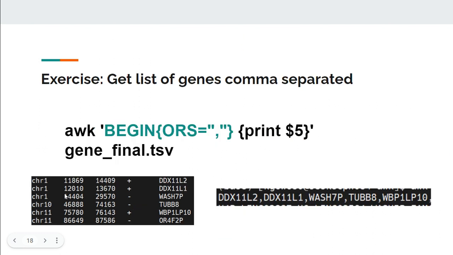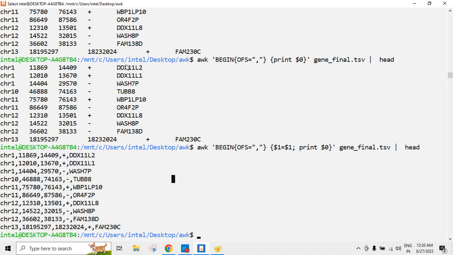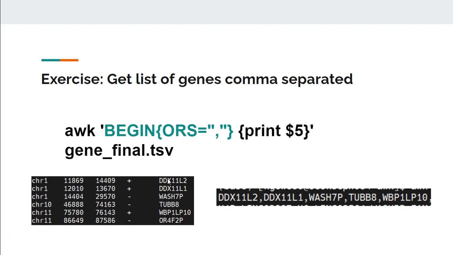So now let's play with ORS, that means output record separator. Let's say in this example the task is to get the genes comma separated. You take this file and give me these genes comma separated. How will you do it?